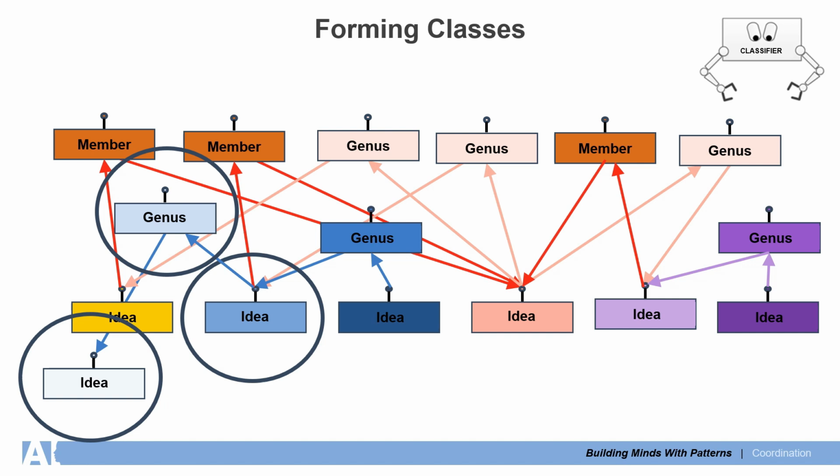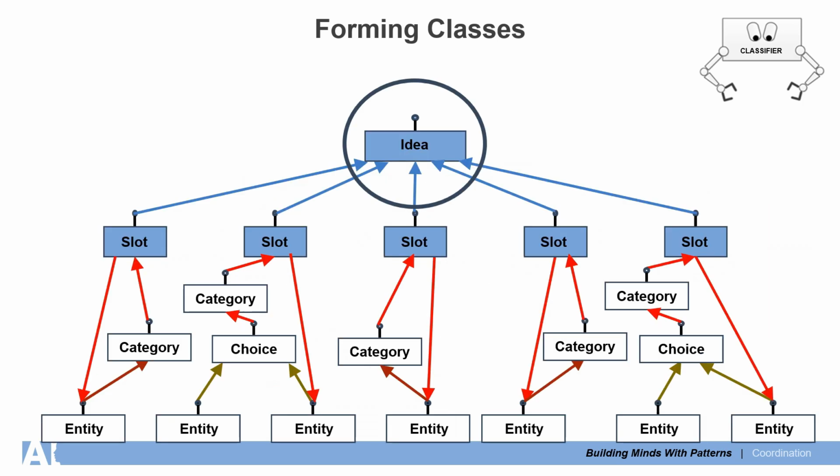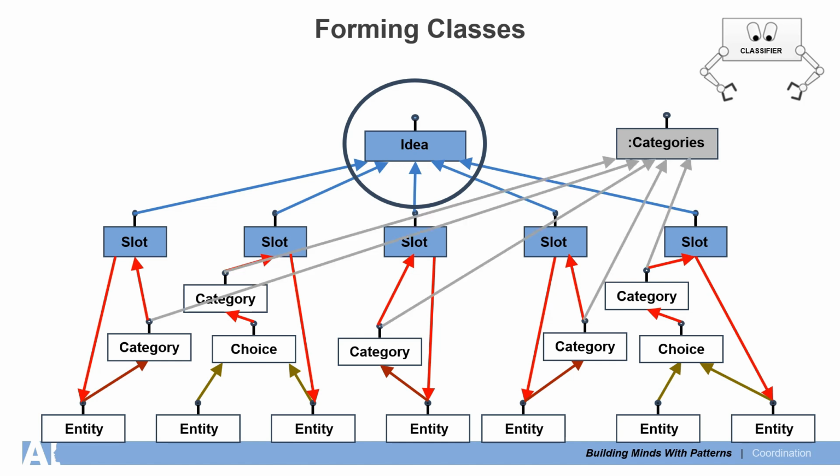If it also has a genus, then it can become a class, if it is not already a class. We find all the categories and the traits for all of the slots of the idea.